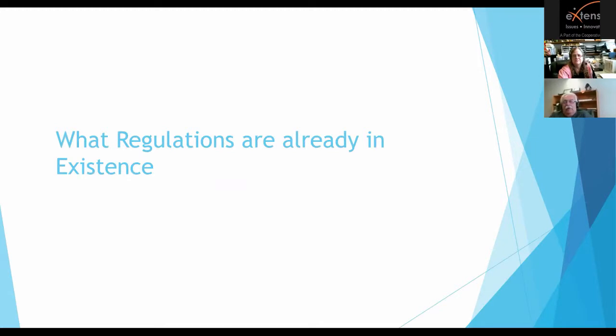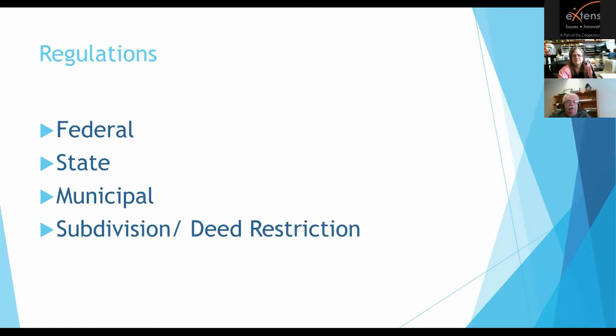So when we start talking about regulations, the first thing that I always ask people to do is find out what regulations are already in existence, to find out what is in place so that we don't duplicate something as we try to create new regulations. So the places to look for existing regulations include levels of the federal government.